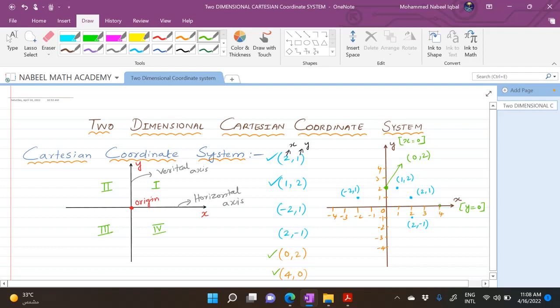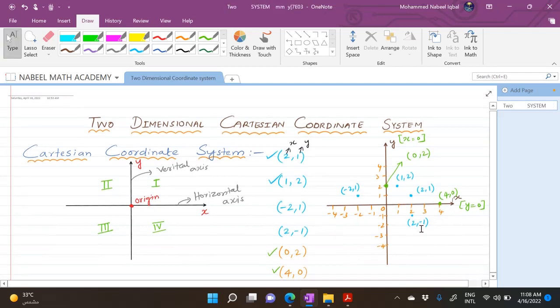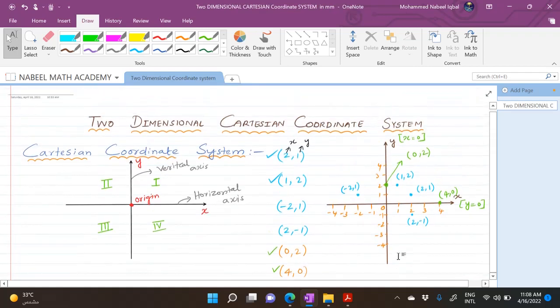This is my point (4, 0). We will discuss the intercept concept later. So this is all about the Cartesian coordinate system.